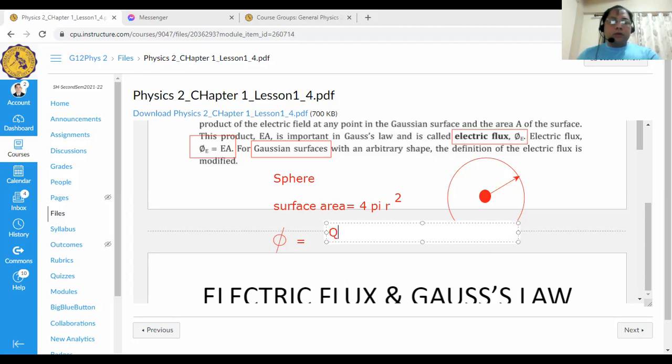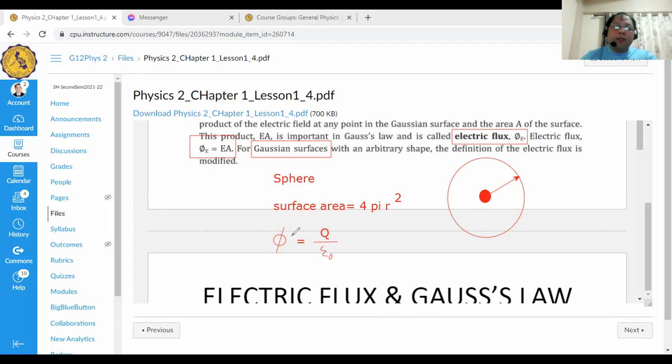So if you have there Q, we divide Q by this epsilon value, E sub O. It looks like a letter E symbol again, but it is written something like a number 3 with a subscript O. And this E sub O, I think that's 8.85 times 10 to the negative 12. So that's the value of this notation below.